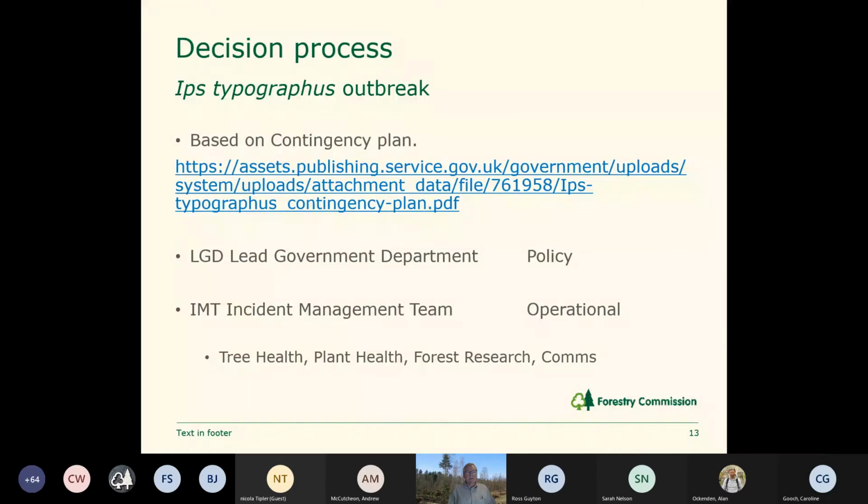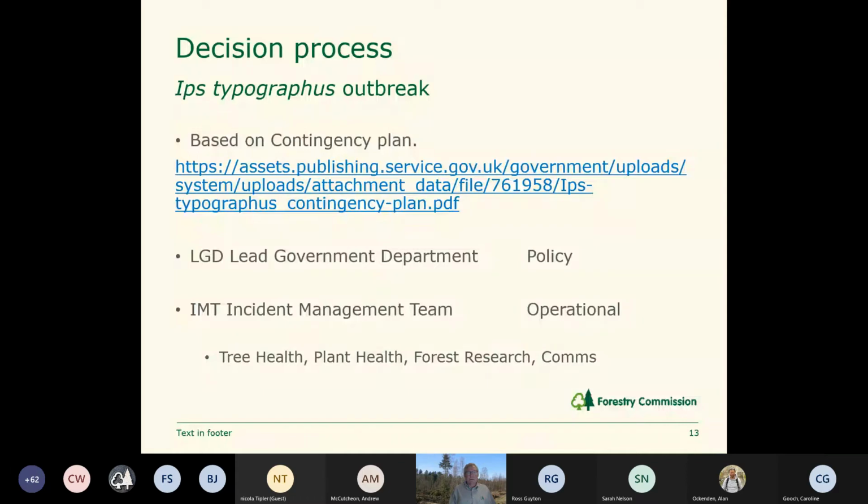Forestry Commission were given the role as a lead government department, and an incident management team set up. The incident management team delivers the operational aspect of the work, engaging with the landowners, delivering the operational eradication work, setting up the surveillance and monitoring, and it comprises professionals from the tree health team, the plant health team, Forest Research.